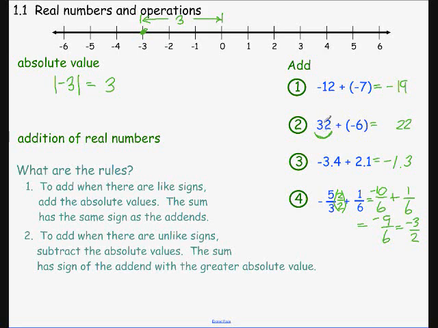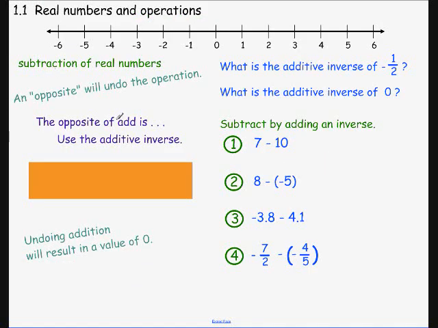The greater was positive, so we had a positive response. This one, the greater one was negative, so the difference was negative. There's not really anything new there other than maybe a little bit of vocabulary. An addend. Chances are you've seen that before, but it would be the kind of thing I would have forgotten. I don't know about you.